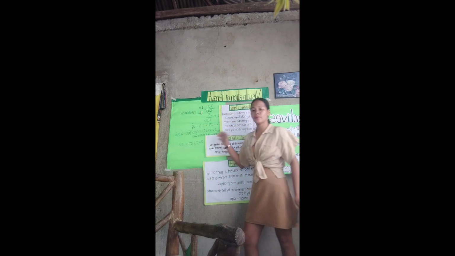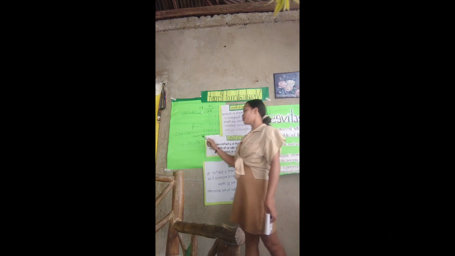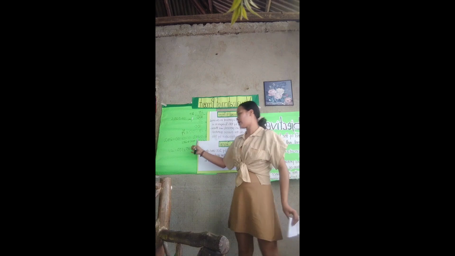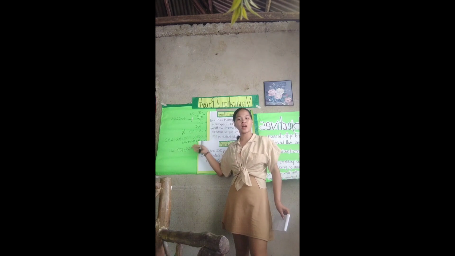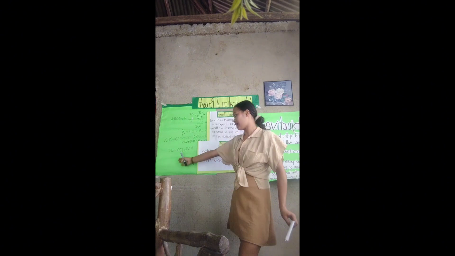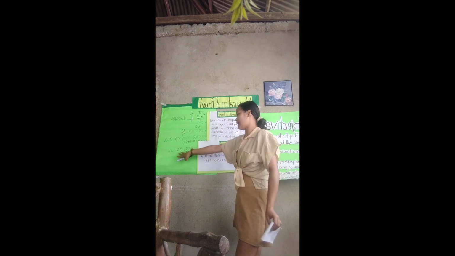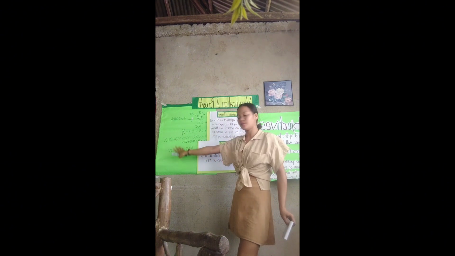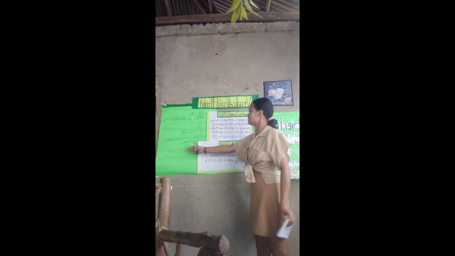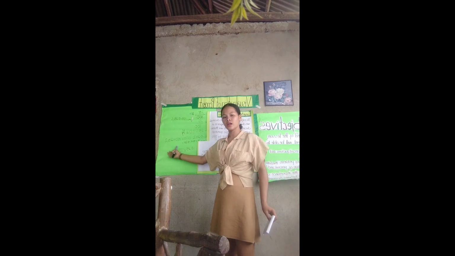So converting our decimal 0.25, when we times it by 100, we get 25%. So this is our decimal, and this is our percent.